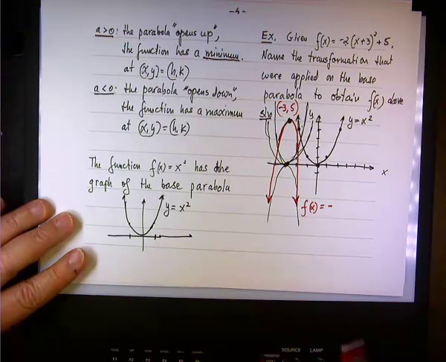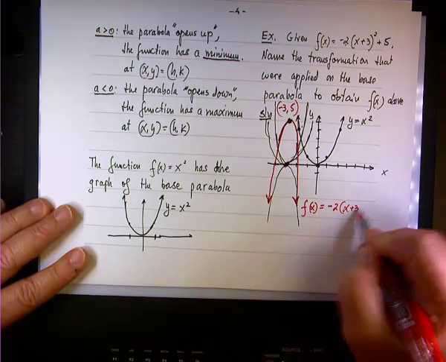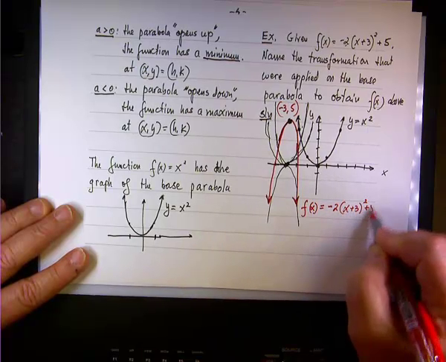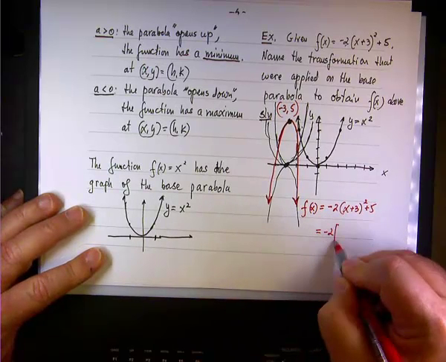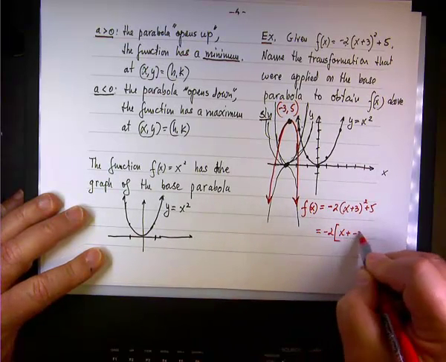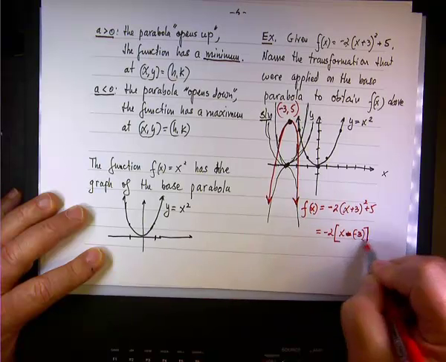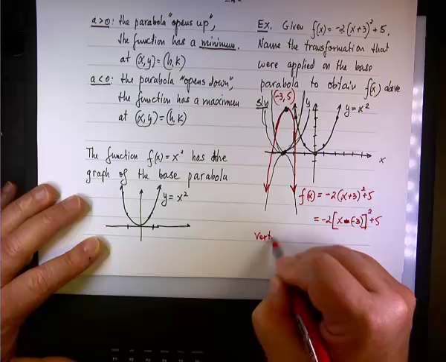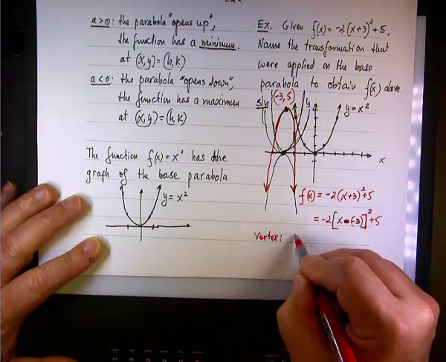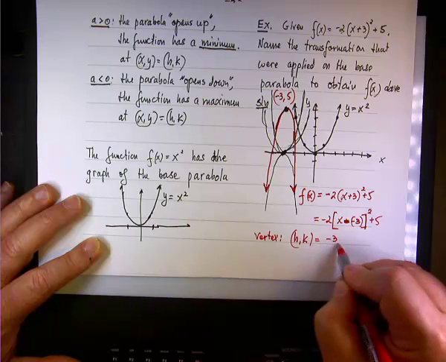Okay, we can write it as negative 2 times (x minus negative 3), like so, squared plus 5. So vertex (h, k) equals (negative 3, positive 5).